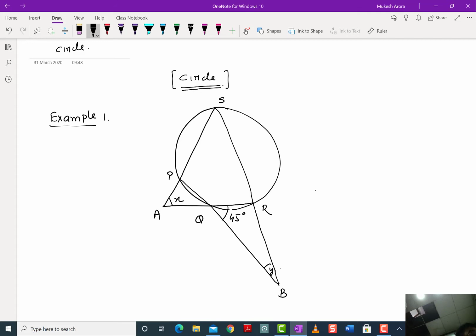So angle AQP is equal to angle PQR is equal to 45.